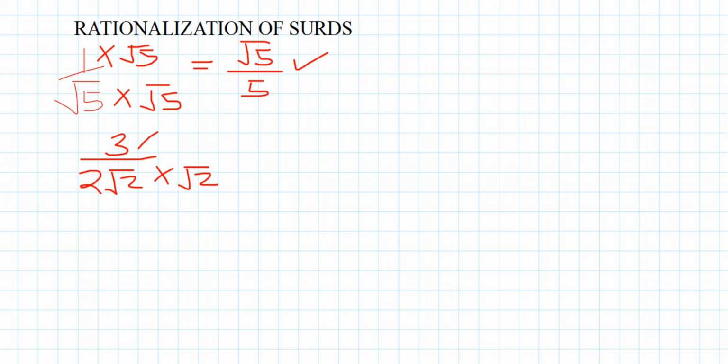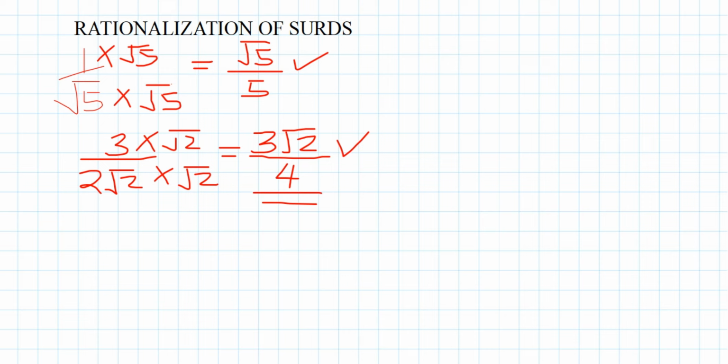And whatever you do to the denominator, you also do to the numerator. So you also do the same. And in this case, you're going to have 3 root 2 now divided by 2 root 2 multiplied by root 2, and so in this case, you're going to have a 4. That way now, you have rationalized this surd.